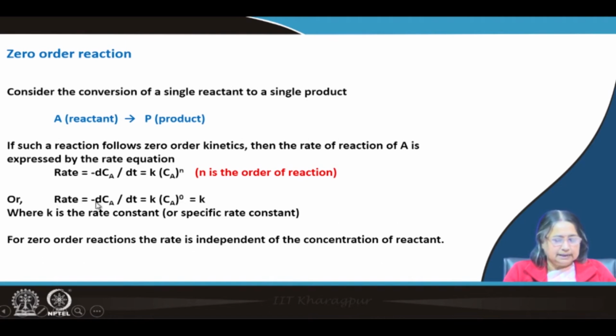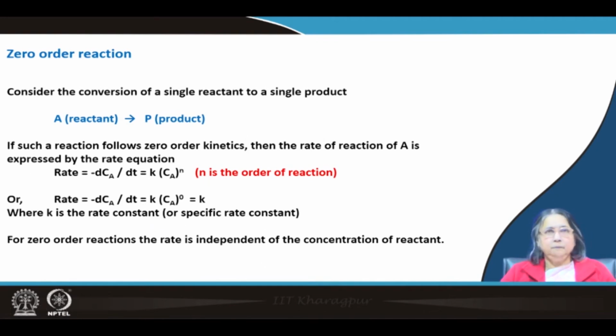So, the rate, minus dC_A/dt, is k into C_A to the power 0, and this becomes 1. So it is k. From here we can tell that for zero order reactions, the rate is independent of the concentration of the reactant, and here k is the rate constant, or specific rate constant, that I already discussed in the previous lecture.